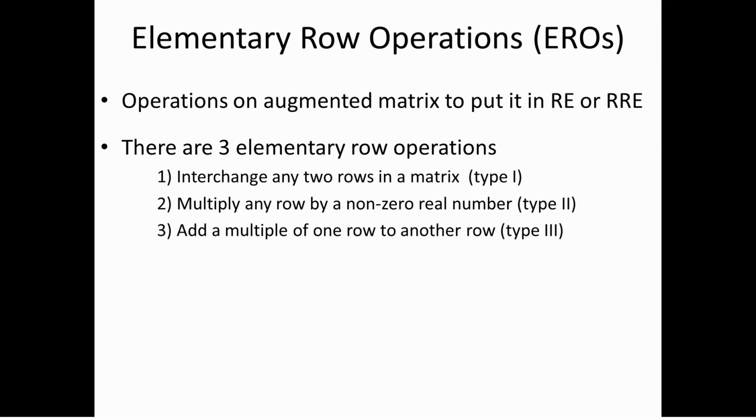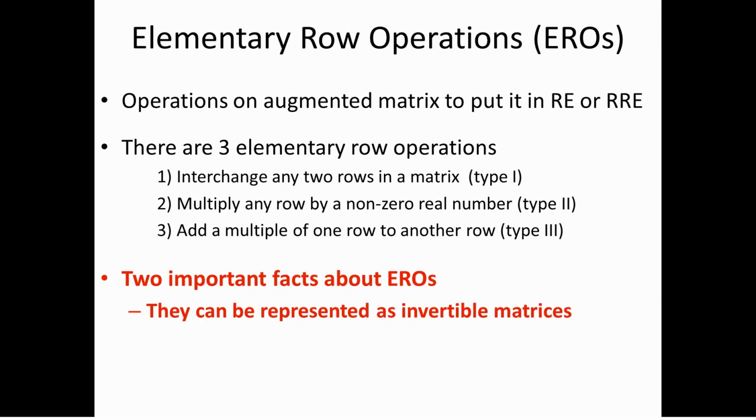Now, there are two things about elementary row operations that you should both know and be able to prove. The first of these is that every elementary row operation can be represented as a matrix, and the matrix representation for the elementary row operation is invertible. So this says that I can perform an elementary row operation by multiplying the coefficient matrix times a matrix.